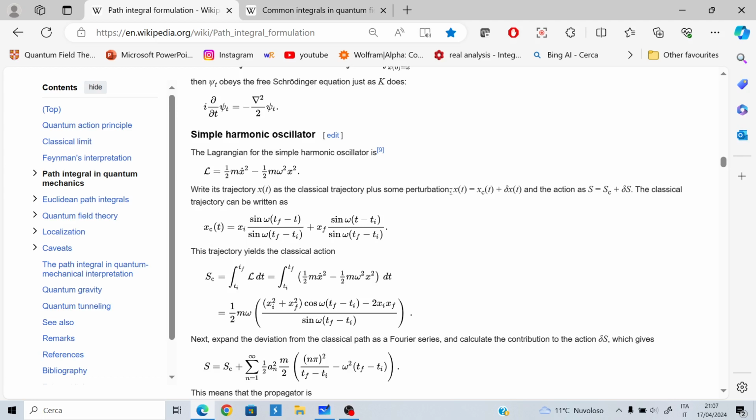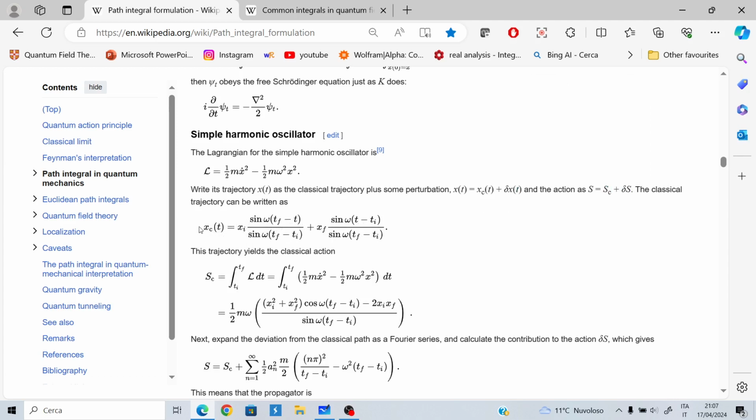At first we are considering just the classical trajectory, but later we will focus on the perturbation, which is expressed by means of this delta x of t added to the classical trajectory when we consider the quantum behavior. This perturbation will also cause a perturbation of the action with respect to the classical action.